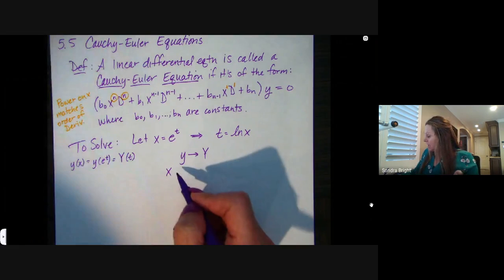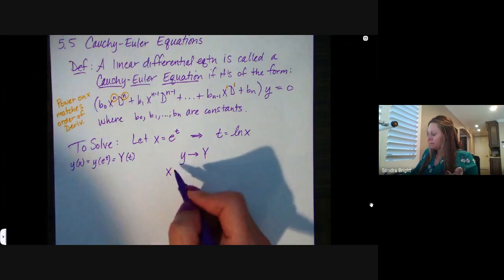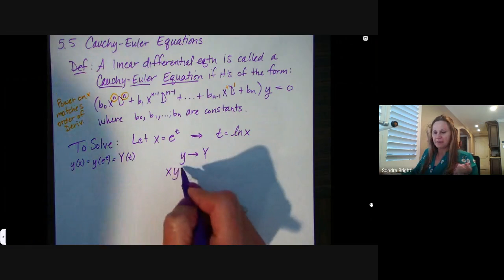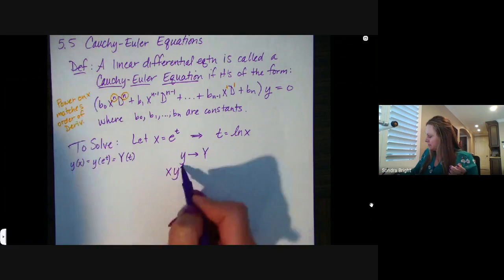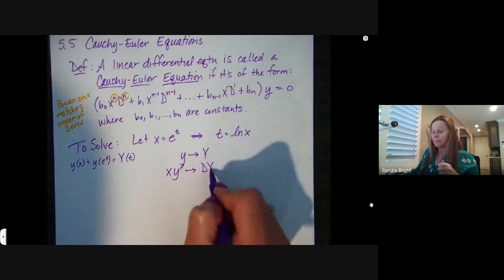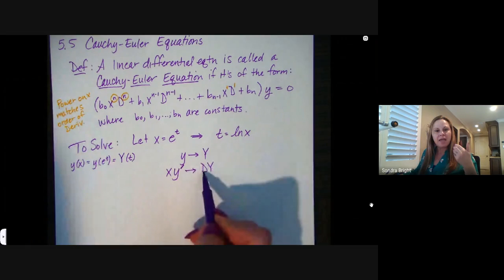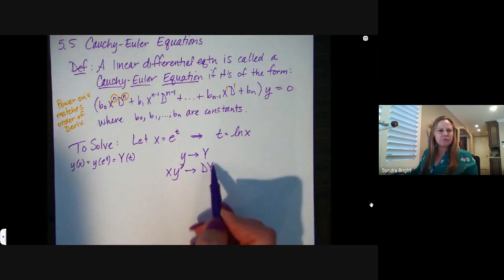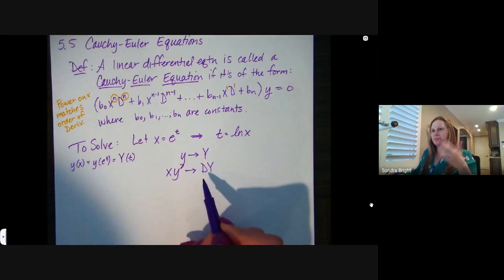There's a proof that x times y prime we're going to end up writing as just capital D on capital Y. They use the substitution of the variable, they use chain rule to prove it, and then they also use mathematical induction to show that it's true for all of it as you go down the line.